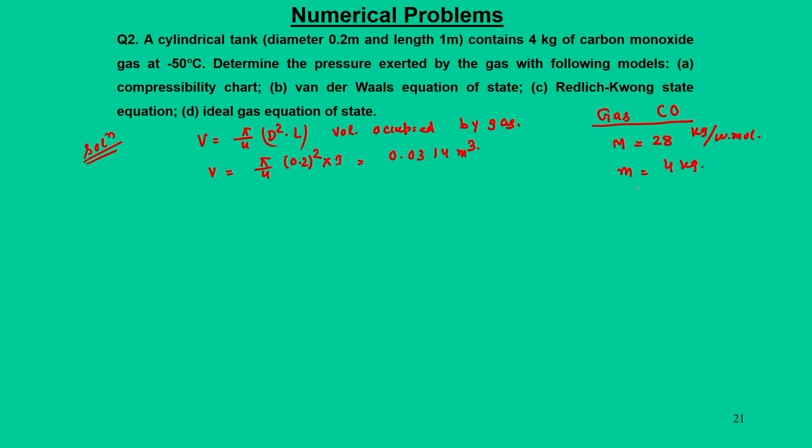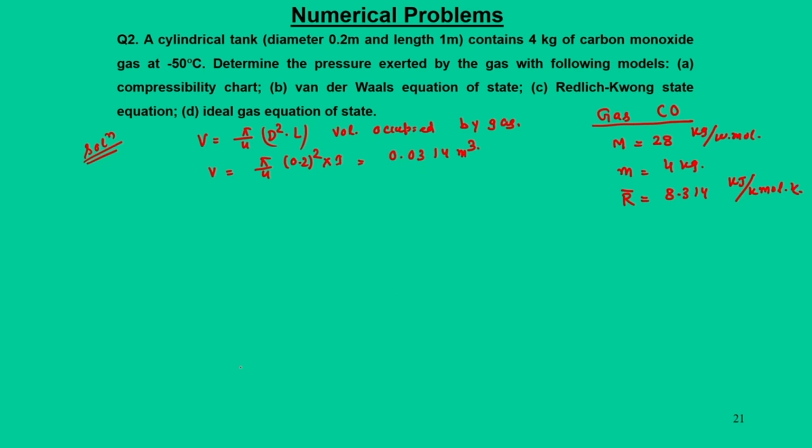And we also need to know R bar. R bar is nothing but 8.314 kilojoule per kilomole Kelvin. So, this data will be required.